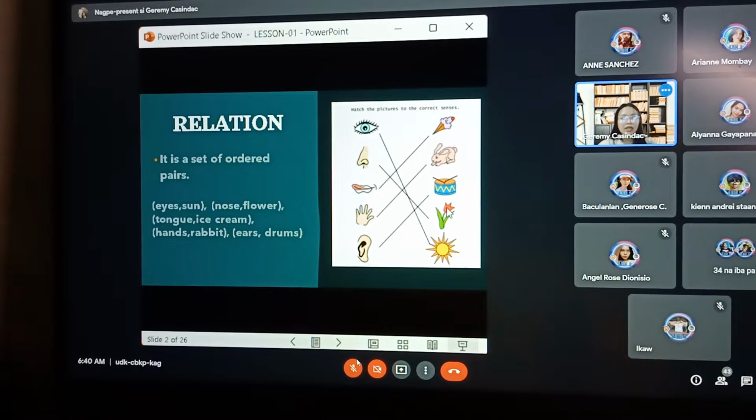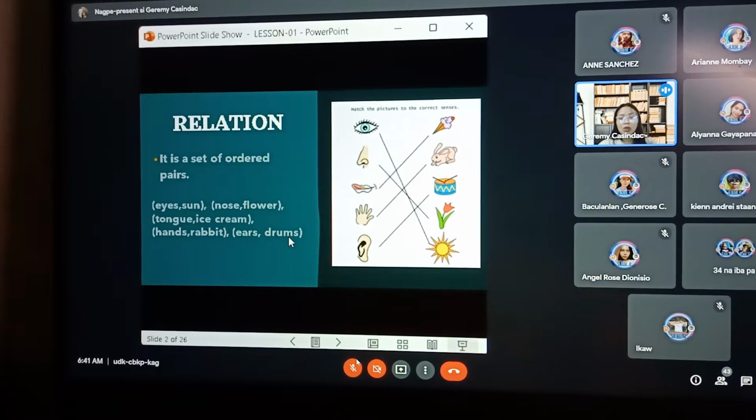Those two columns have a relationship with one another. For example, we have the eyes and sun, nose and flowers, tongue and ice cream, hands and rabbit, ears and the drums. So definitely the relation is all about the set of ordered pairs.